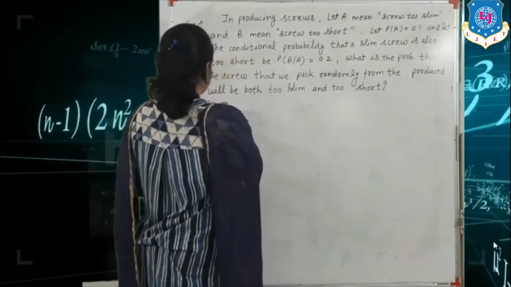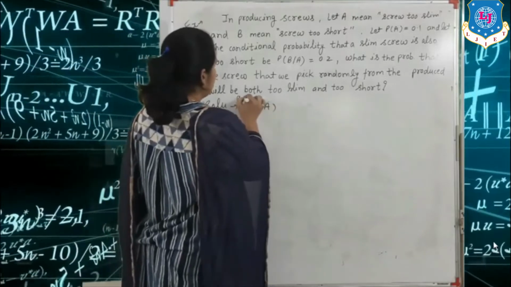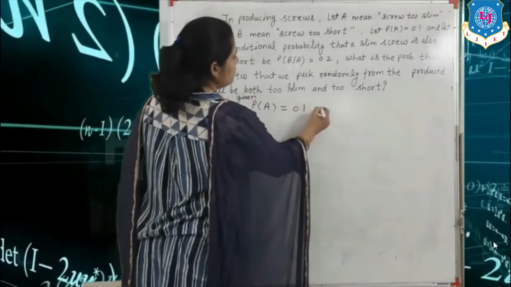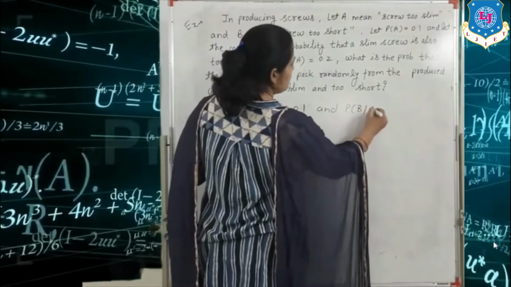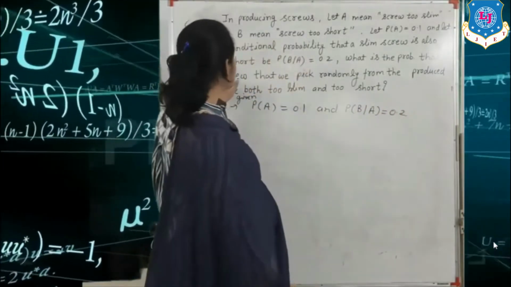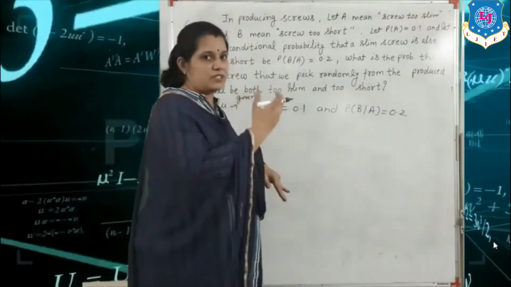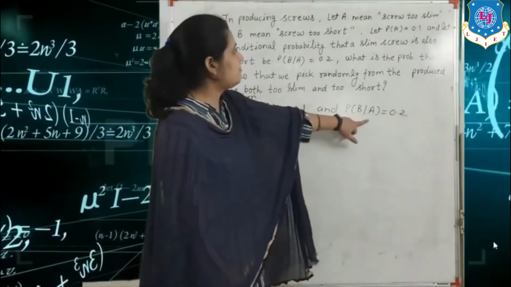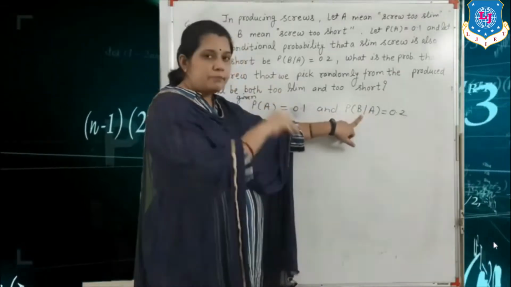In this question, we are given the probability of A equal to 0.1 and the probability of B given A equal to 0.2. That means the screw is slim, but the screw is also too short. So first is the A event and after that the B event.